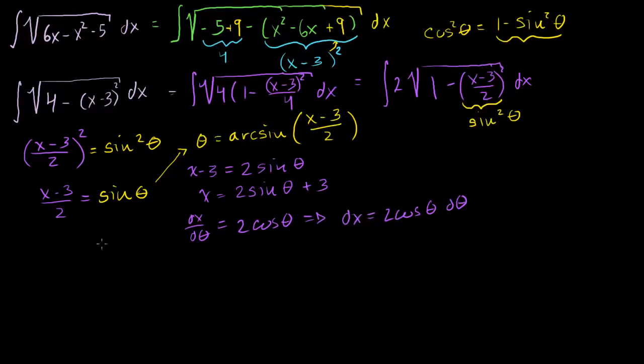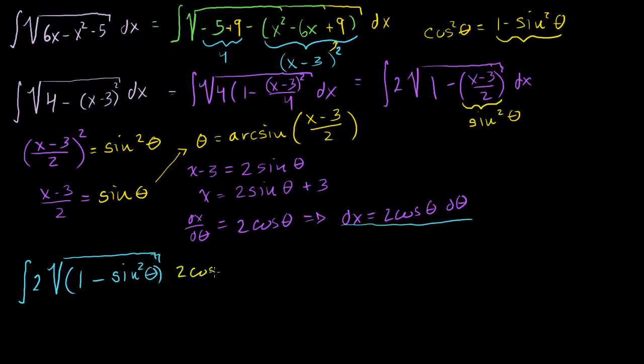So this thing will now be rewritten as the integral of 2 times the radical of 1 minus, I'm replacing this with sine squared of theta, sine squared of theta. And then all of that times dx. Well, I just said that dx is equal to this right here. So dx is equal to 2 cosine of theta d theta.